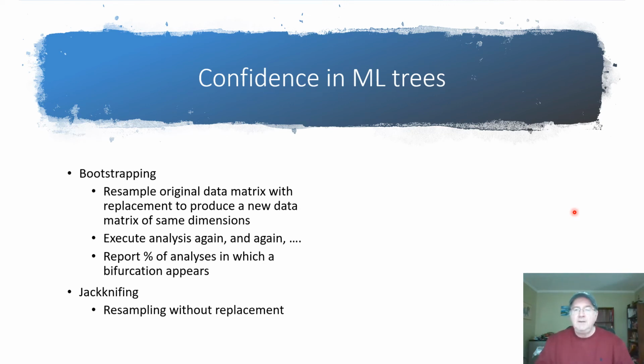That is, you're going to have the same OTUs in the list, but you're going to construct your new data matrix with a new set of molecular data. You're basically going to go into the original data matrix at random, pick a column, copy it over to your new data matrix. But then once you pick that column, you're not eliminating that from the original data matrix, you're replacing it.